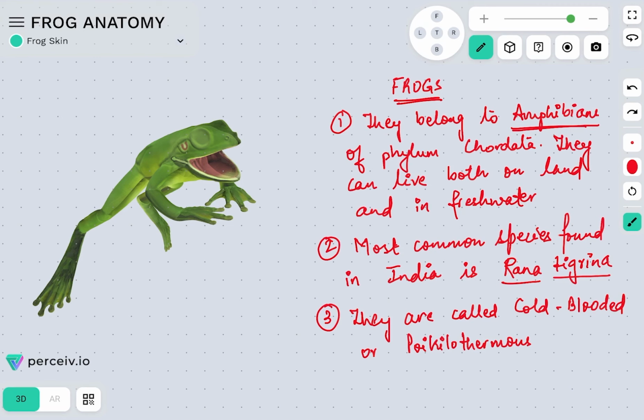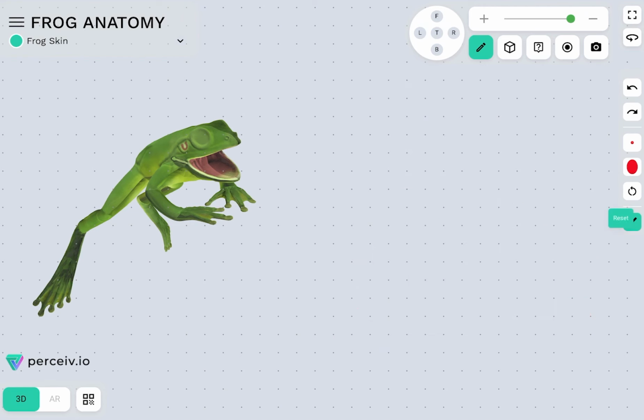Frogs also have a very unique ability of changing their body color in order to hide themselves from enemies, and this characteristic is called camouflage.